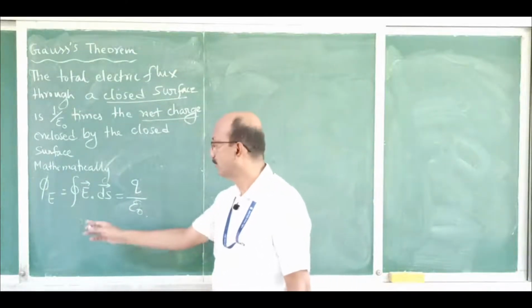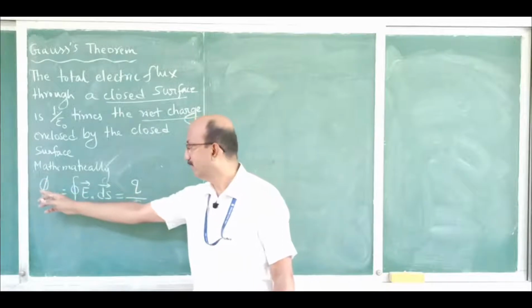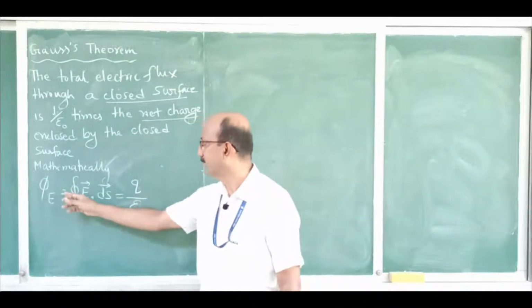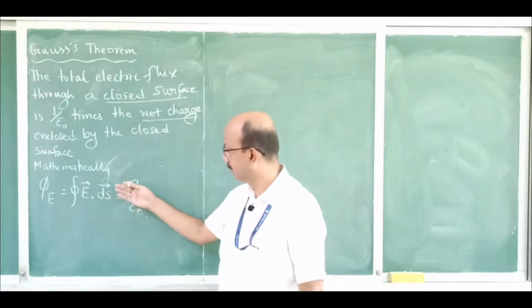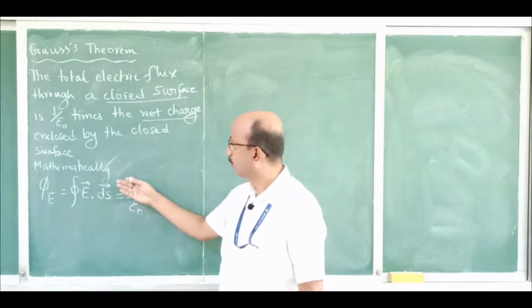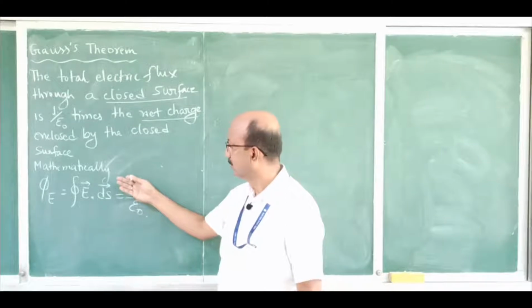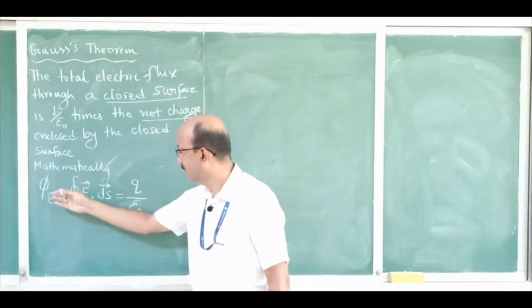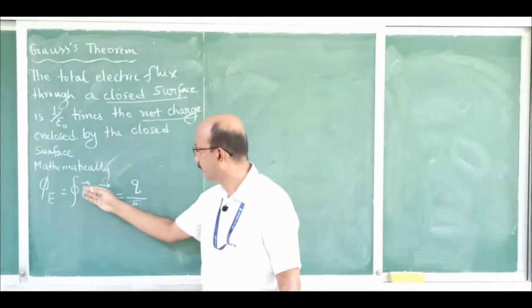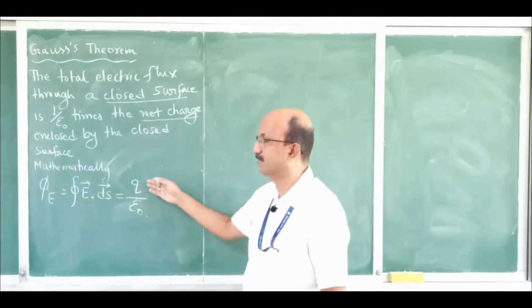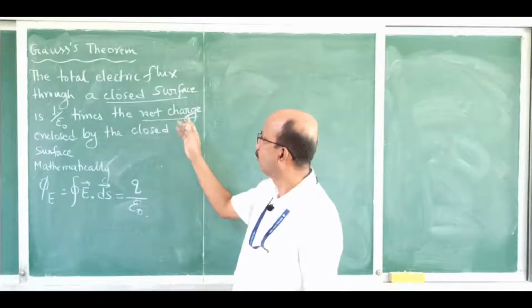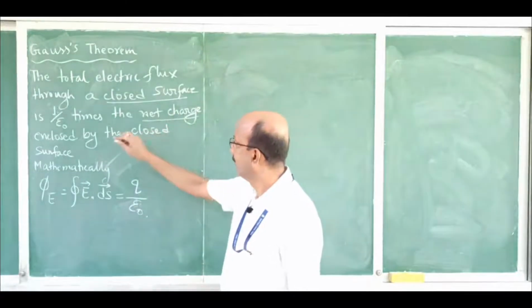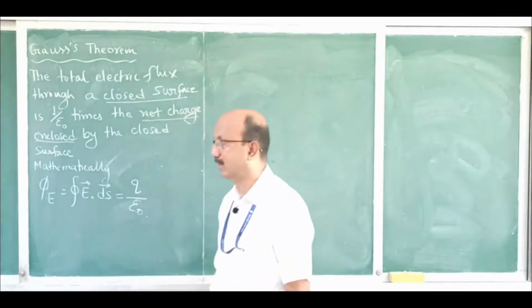Now mathematically we know that electric flux associated with any surface is given as the surface integral of vector E dot vector ds. But Gauss told that total flux phi suffix c, although it is found by this formula vector E dot vector ds, ultimately will give you this result, q by epsilon naught, where q stands for the total charge, the net charge enclosed by the surface.